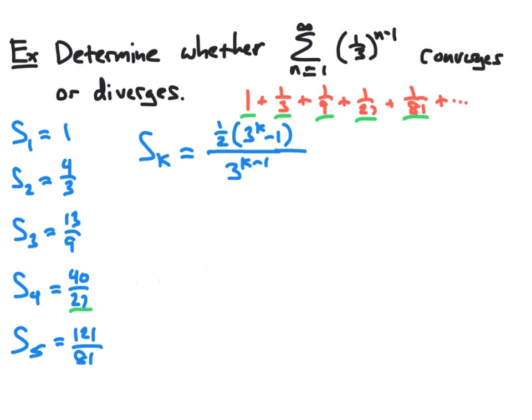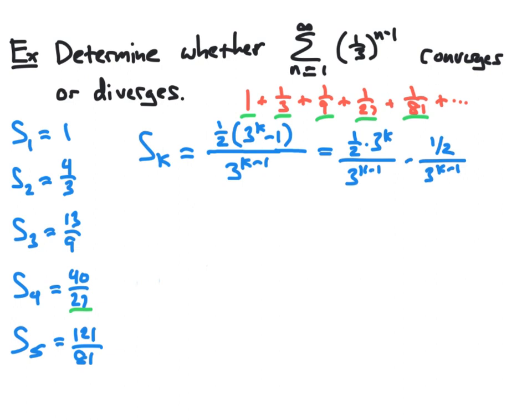We can now clean this up like we did in the earlier example. So this will end up being 1/2 times 3 to the k over 3 to the k minus 1, minus 1/2 over 3 to the k minus 1. We have to distribute that 1/2 across the difference in the numerator.